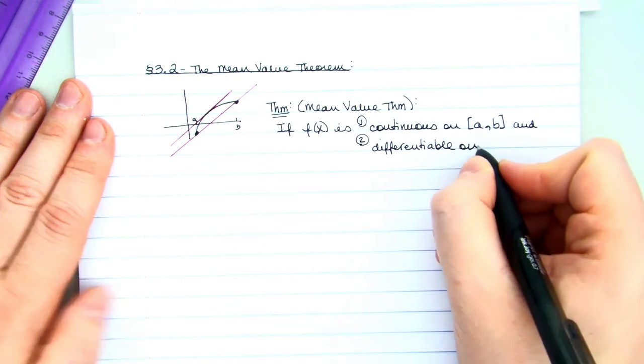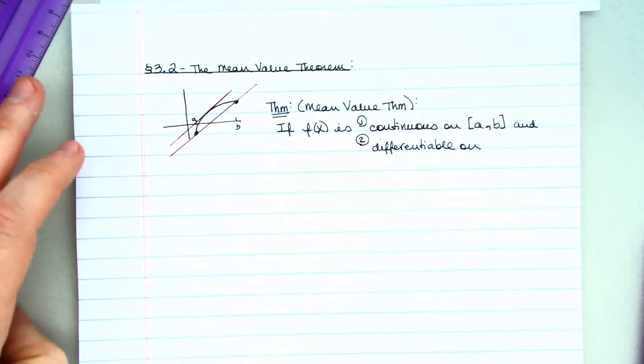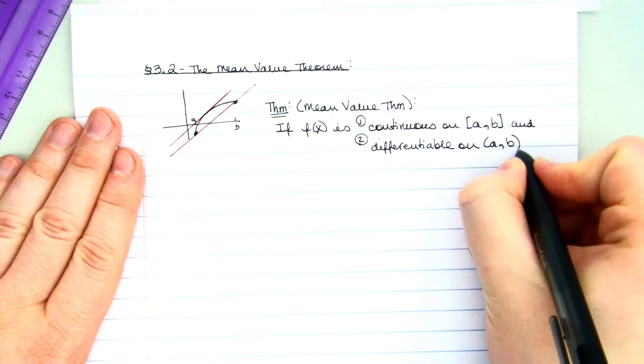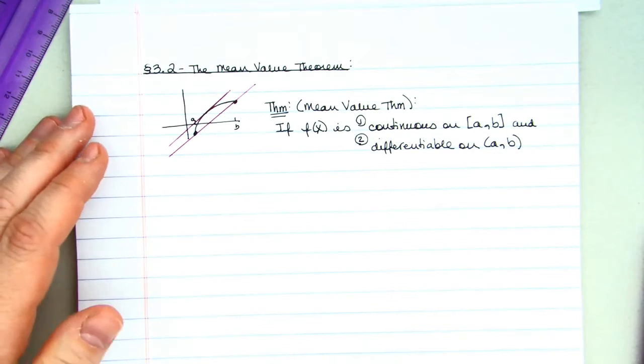Differentiable on, actually doesn't even have to be a closed interval, could be differentiable on an open interval. I could have an issue at A or B and the mean value theorem will still apply.